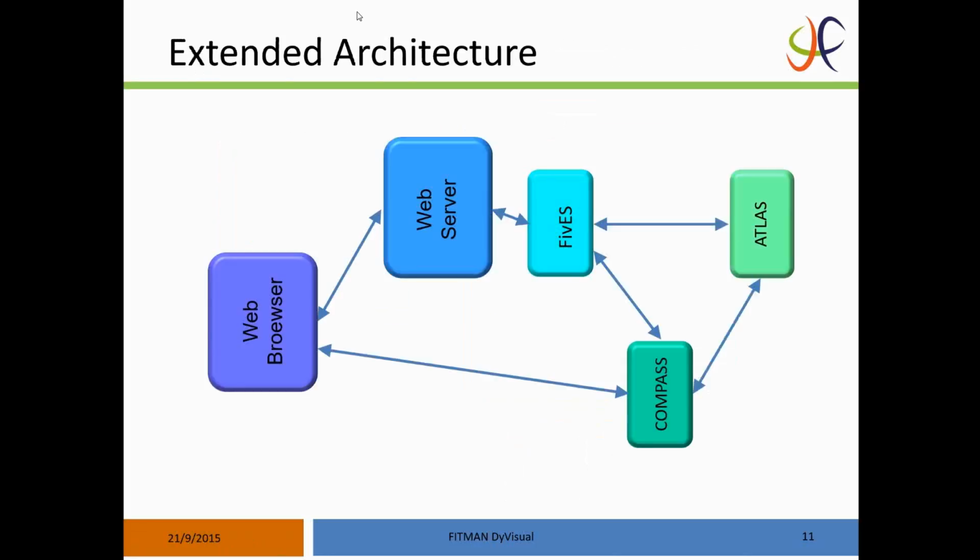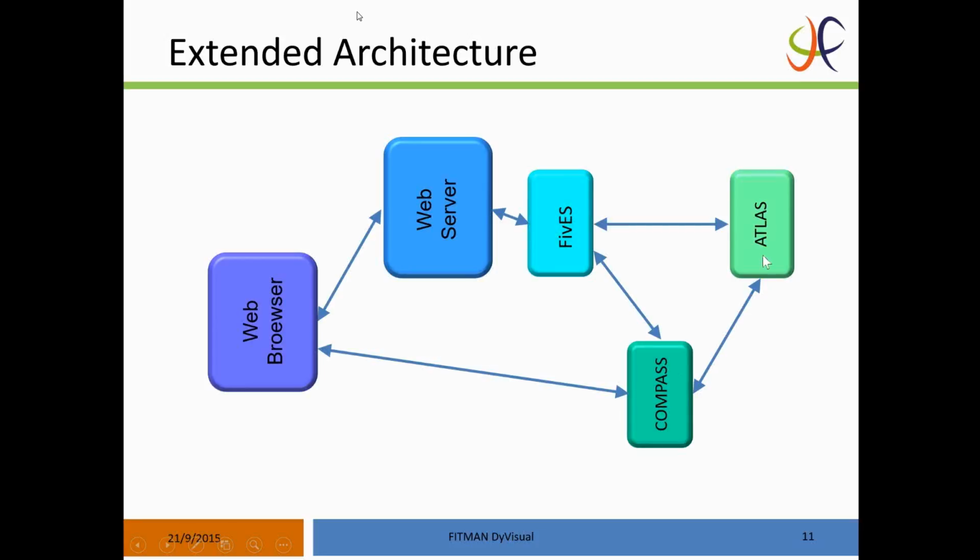So an extended version of this setting is that we not only have FIVES as a component in our department, but we also provide Compass and Atlas, which extend the idea and are used to define complex scenes, meaning that you have an environment and different 3D objects and you want to arrange them into a complex scene, and you would use Compass.